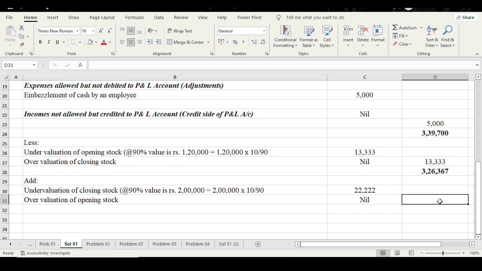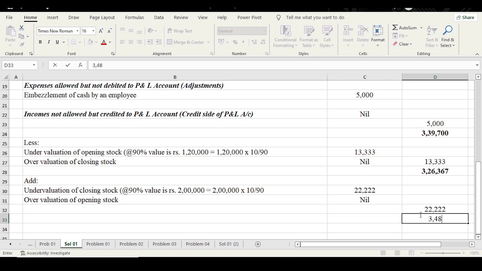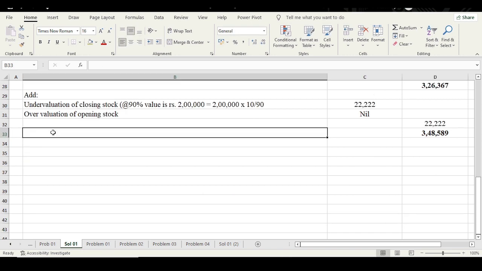And then this 22,222 has to be added. So if you are adding 22,222 to 3,26,367, we will get 3,48,589. This 3,48,589 is the total taxable profits.